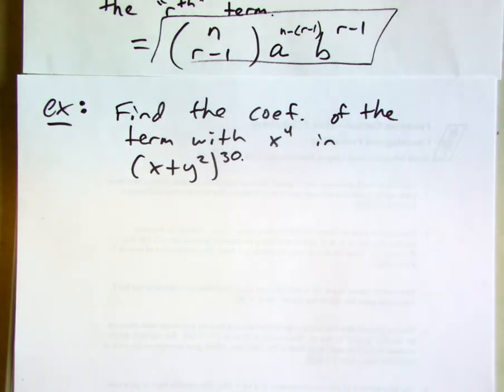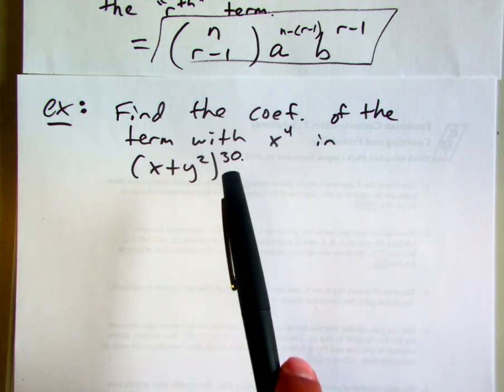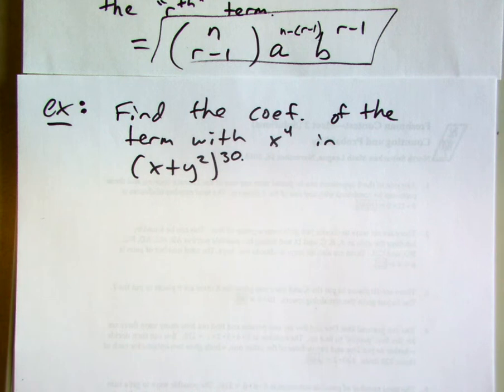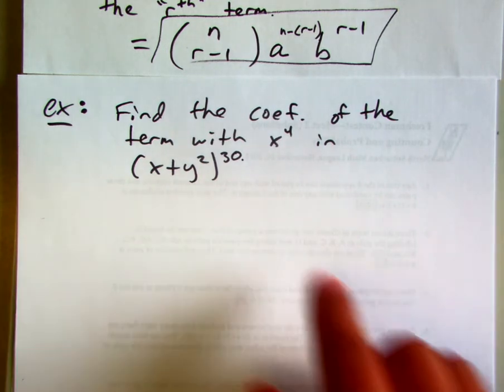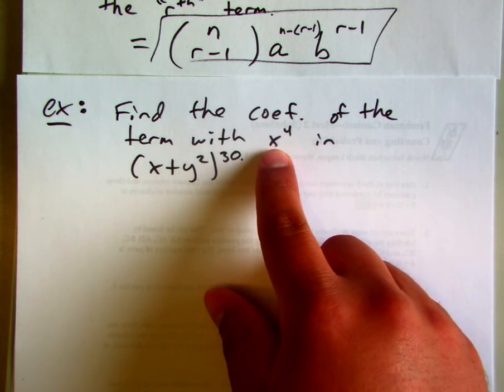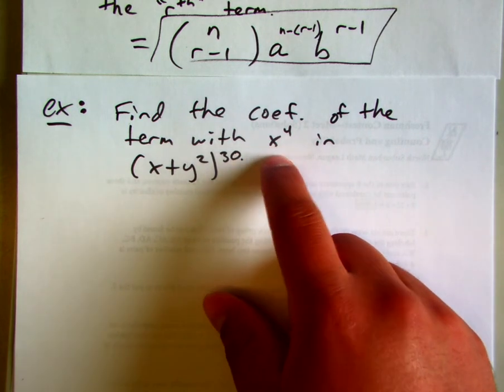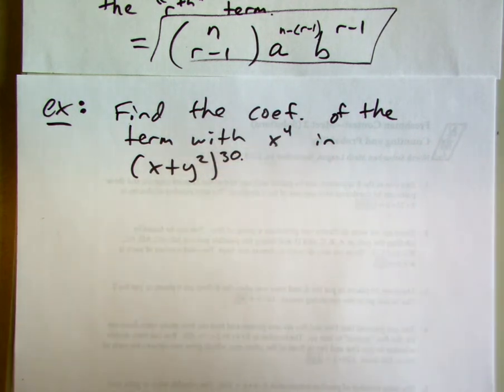If you were to use Pascal's triangle, how many rows would you need? 31. You start with your 1 and your 2 ones, then you start going all the way down until you get to 31 rows, right? It's not hard, it's just tedious. And on top of that, we don't even care about what the entire thing looks like. We just want to know where the x to the 4th term is, what number is sitting in front of that term. That's what the coefficient means, right?